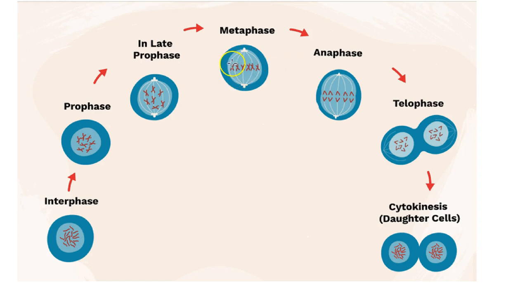Then in metaphase, you have your chromosomes lined up on the metaphase plate, and they are attached to those centrosomes. Next, in anaphase, the 2 sister chromatids are being pulled to either end of the cell, and they are considered to be individual chromosomes at this point.